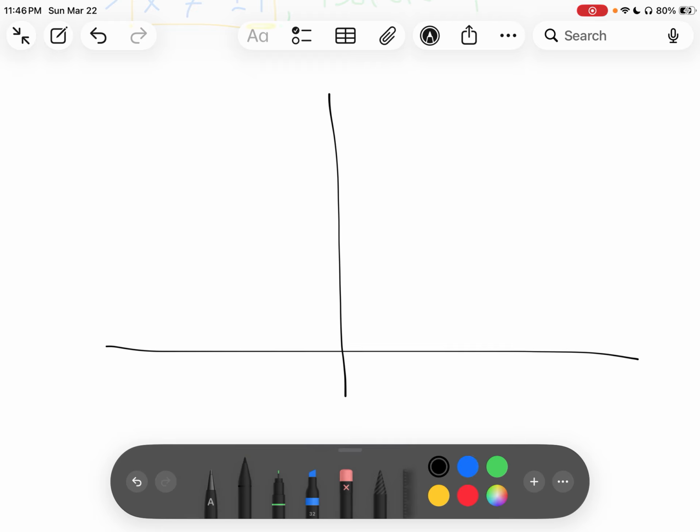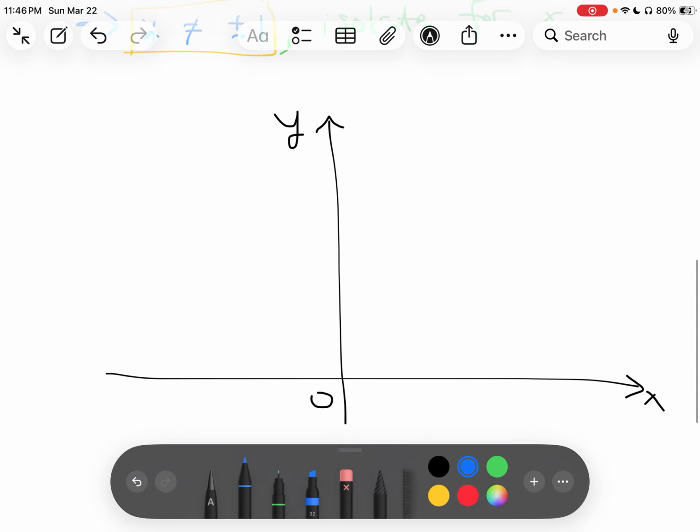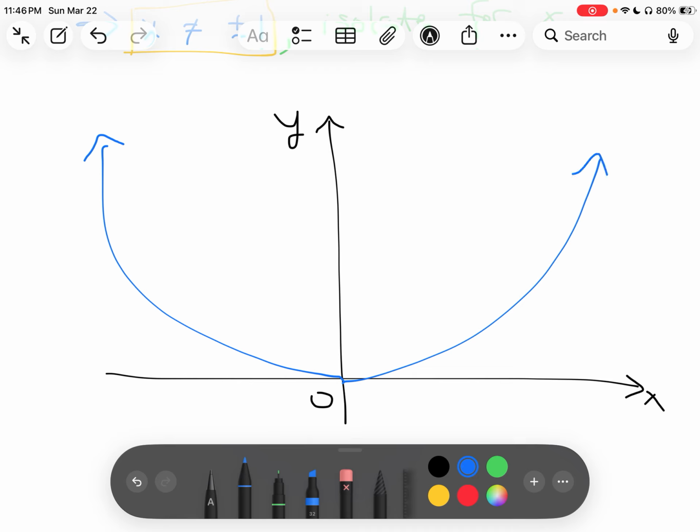Okay, so we have 0, x, y, and then let's sketch our x squared. Draw this a little bit nicer. Okay, it's not to scale or anything. Let's just say this is 1, and this is negative 1, right?